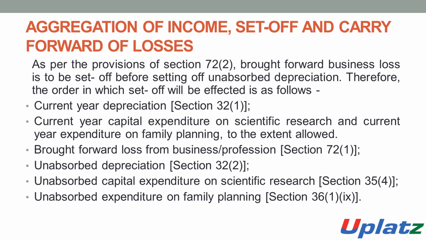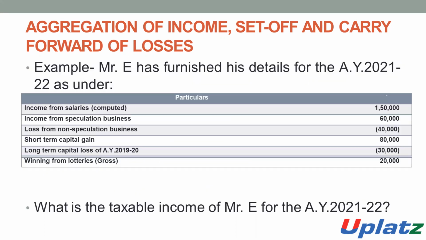Then brought forward losses from business and profession, and unabsorbed depreciation. Then unabsorbed capital expenditure on scientific research and unabsorbed expenditure on family planning.